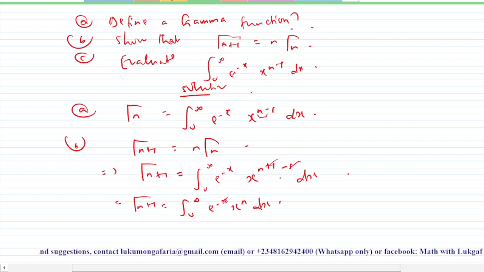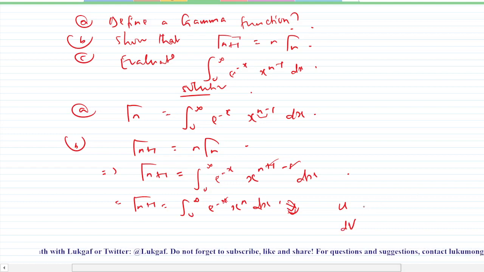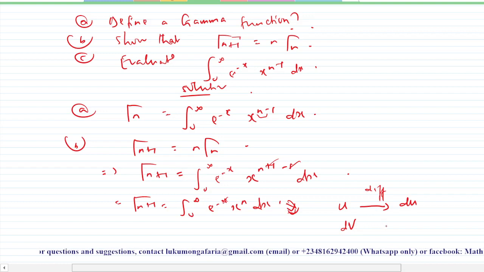If you cannot do that, then you have to resort to integration by parts. Don't forget, in integration by parts, you make one function to be u and you make another one to be dv. The one you take as u, you are going to differentiate to get du. Likewise, the one you take for dv, you are going to integrate to get v.